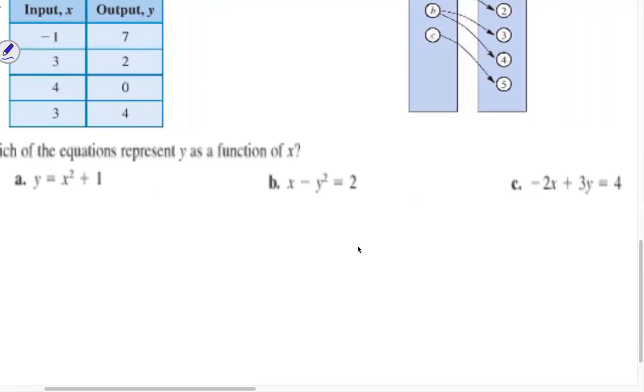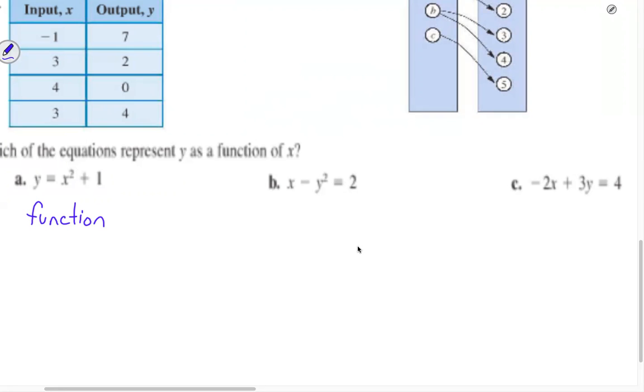Well, why do you say C? Okay. What if I said both of you were right? Not all of them. So A is a function. Y is a function of x. C, y can be written as a function of x, right?